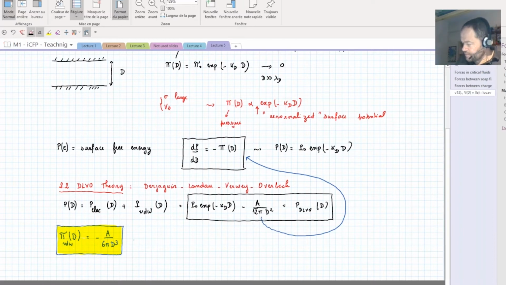So if I have a liquid film here, if D is large, the pressure will be the pressure of the liquid, so kind of the hydrostatic pressure.